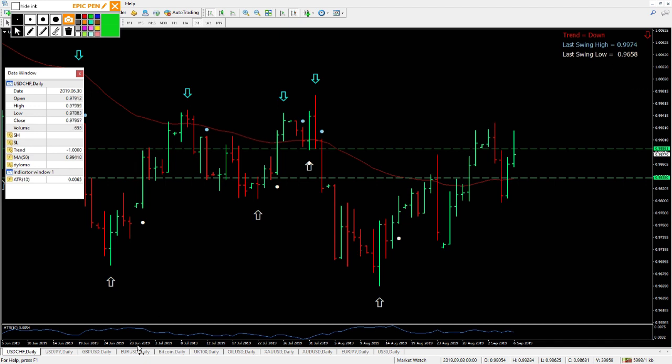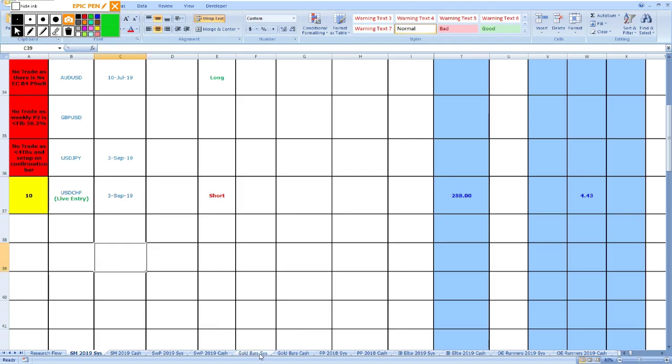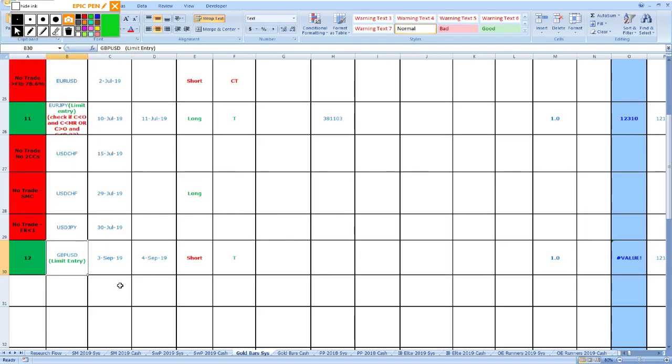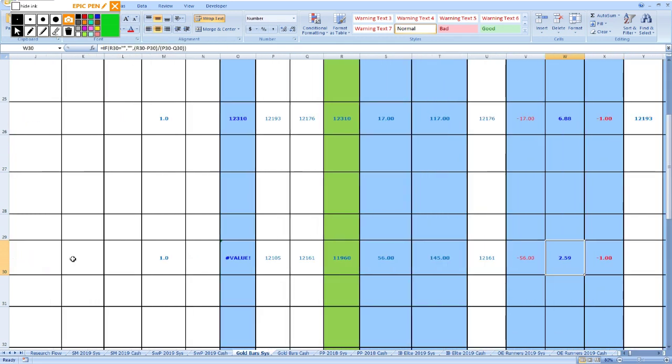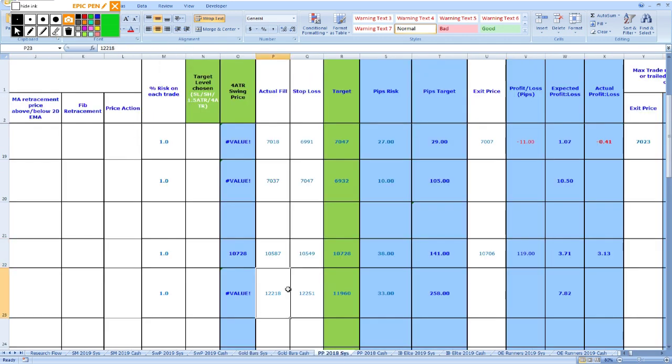Gold bars elite. What do we have? Gold bar system. We did take a 1% hit on that one, so we did lose back some money. Prime profit system, we got a nice profit, which is the one I just showed you, 3.13%.